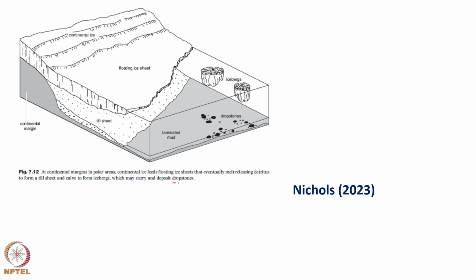The term dropstone can be found when we are studying the glacial deposits. In a coastal region, and this is ocean water, here is the till sheet and over which is the floating ice sheet. There can be icebergs. Now, these icebergs can have big chunks of rocks within it, and in the coastal floor region is the laminated mud. Now, these chunks might fall as the ice melts, and these are known as the dropstones.